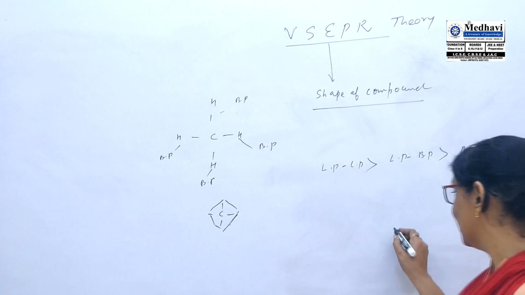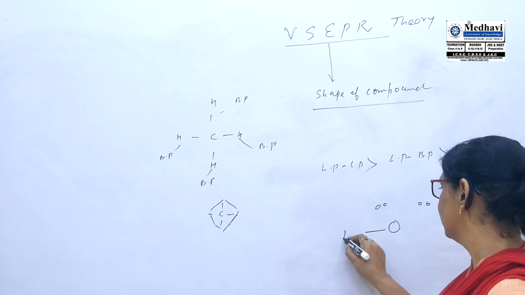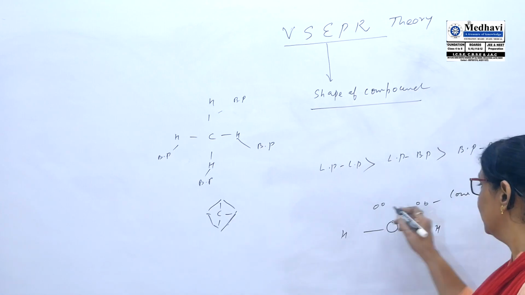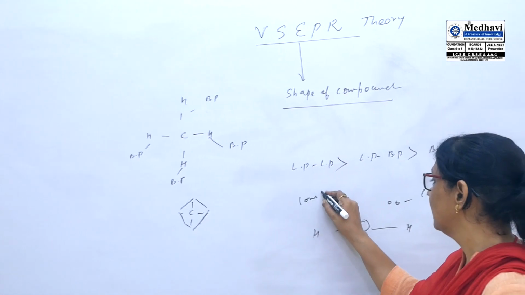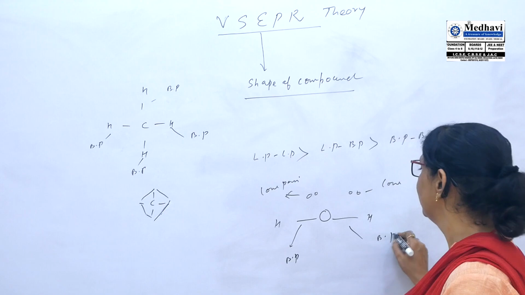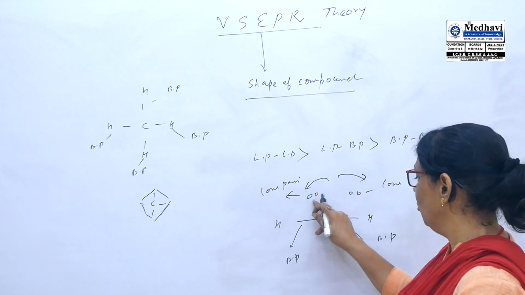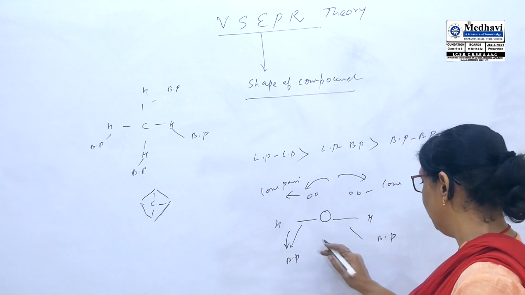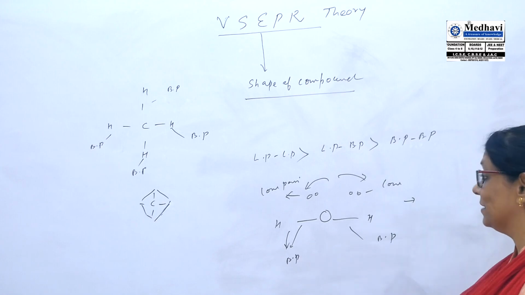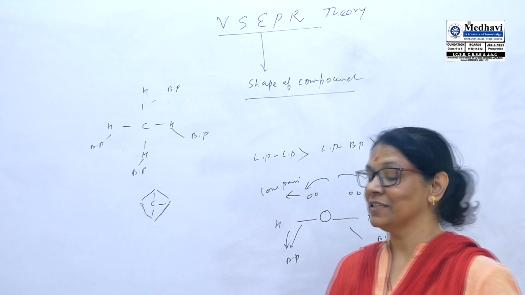But if you take the structure of water, this is lone pair, this is lone pair, this is bond pair, this is also bond pair. So here there is lone pair repulsion, lone pair bond pair repulsion, and bond pair repulsion. Due to maximum lone pair repulsion, maximum distortion of the shape of the water molecule takes place.